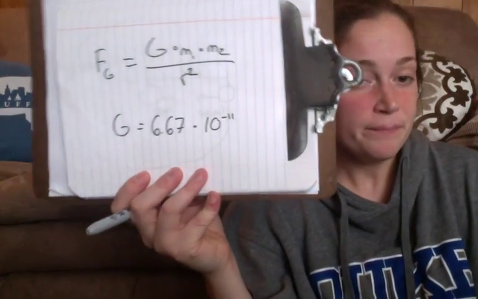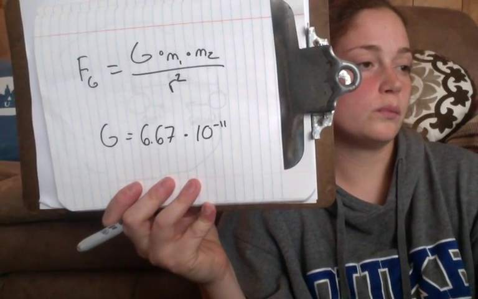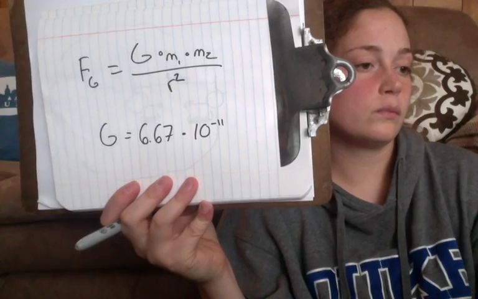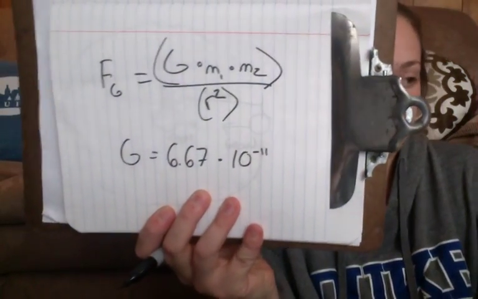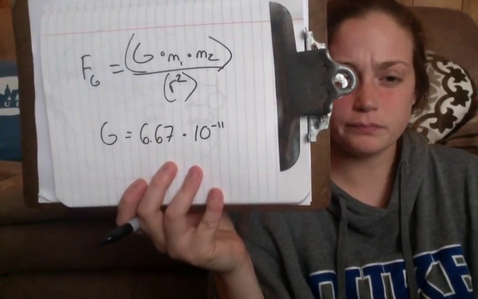Does that all make sense? Here, I'll leave that up there. Use parentheses. Basically, you have this whole top and then this whole bottom, like if you were plugging it into your calculator.